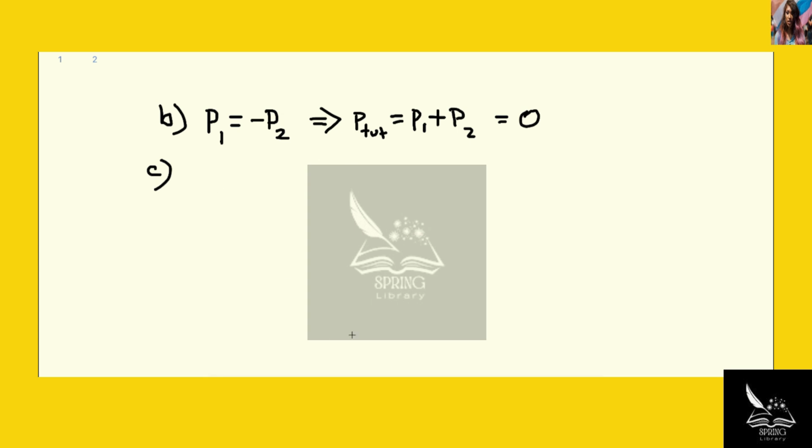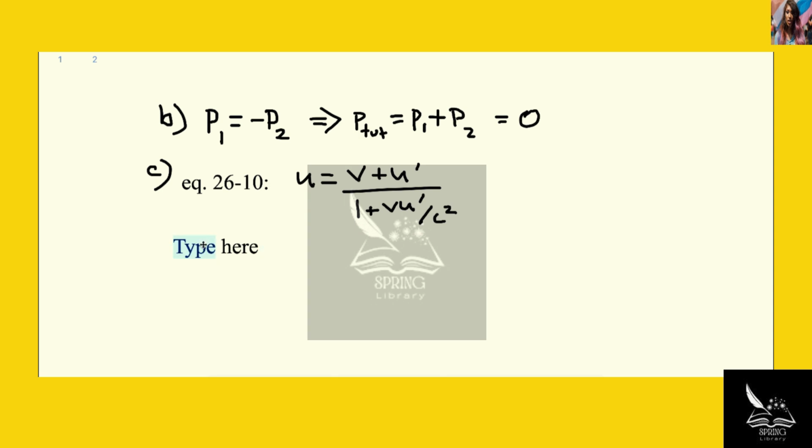Okay. In part C, we use the relativistic addition of velocities formula, the notorious u equals v plus u prime over 1 plus v u prime over c squared. And so the problem here is to define or choose your reference frames. Okay?